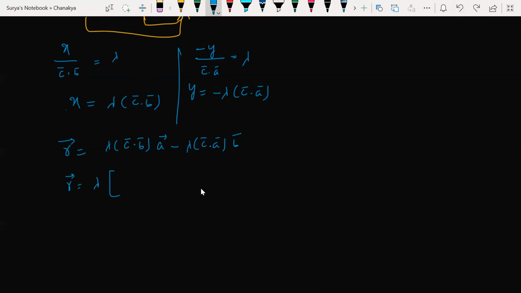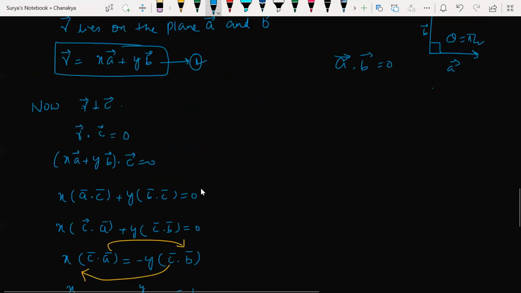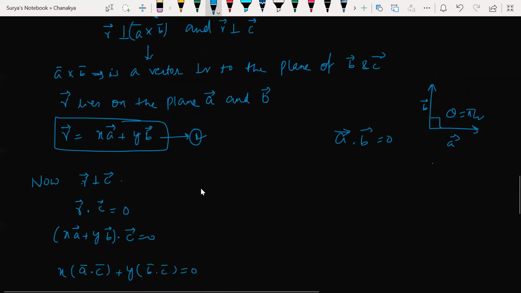So let's write this as C vector dot B vector, A vector minus C dot A, B vector. What was the second equation? This was my second equation, right?